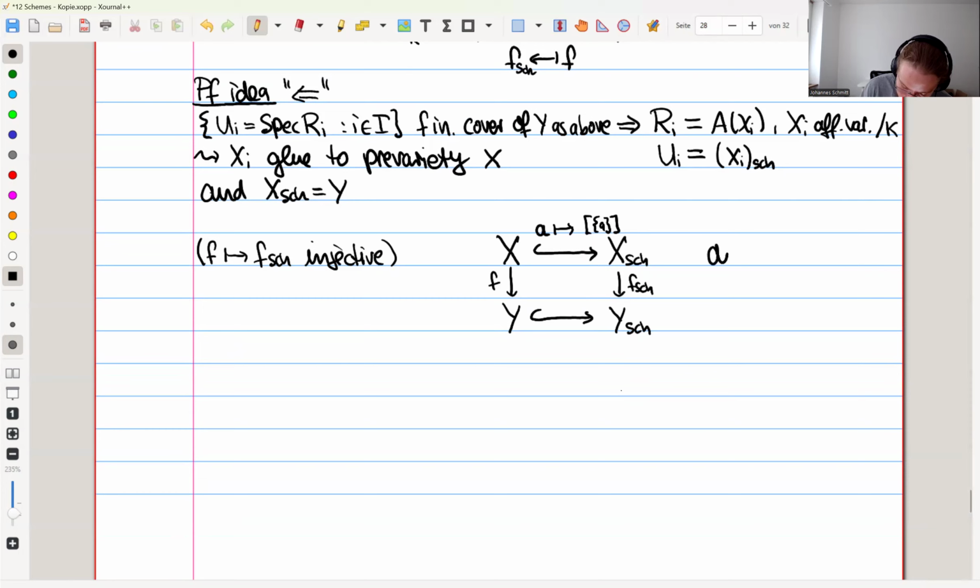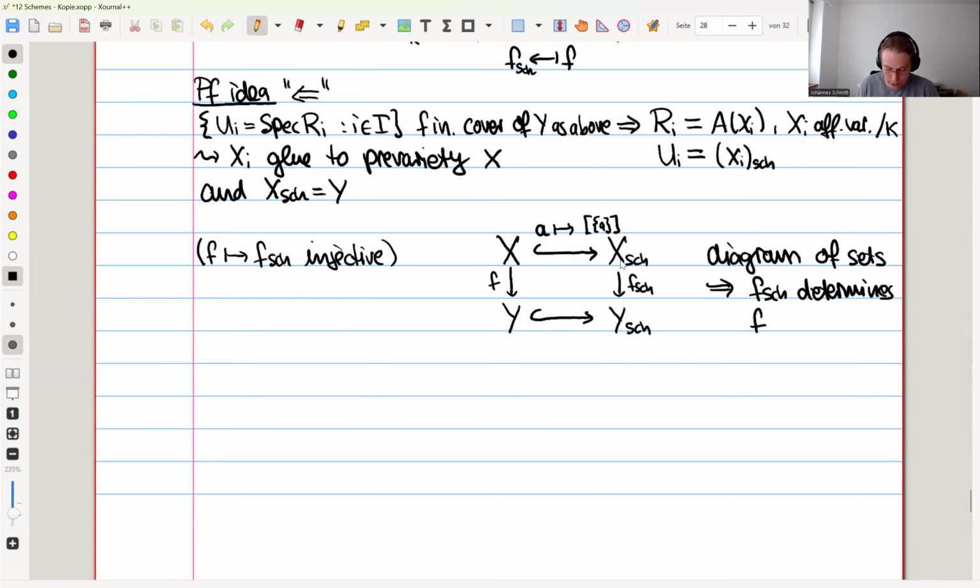And this then becomes a diagram of sets. But then from this, it follows that F scheme determines F. Right? Because you want to know where does F of a go?